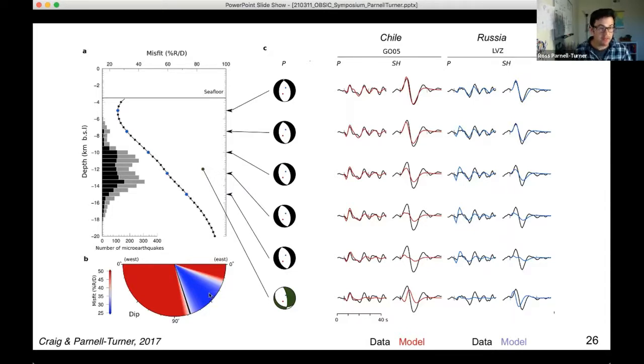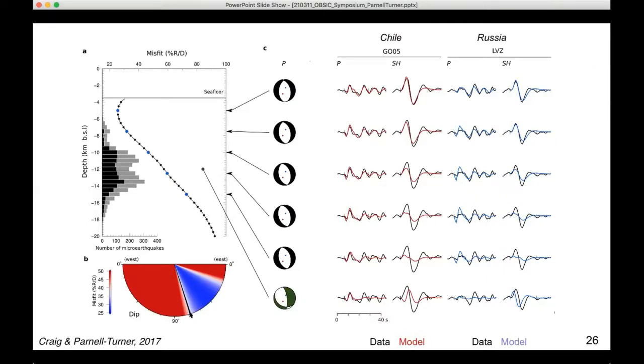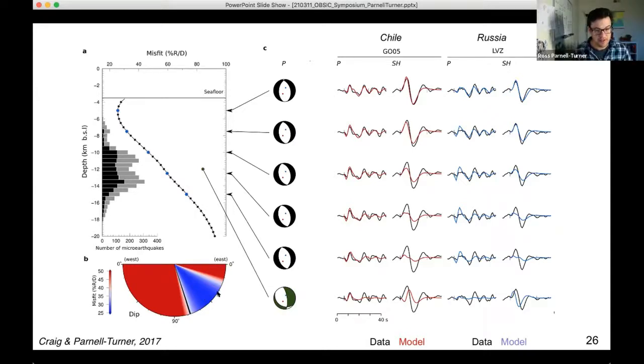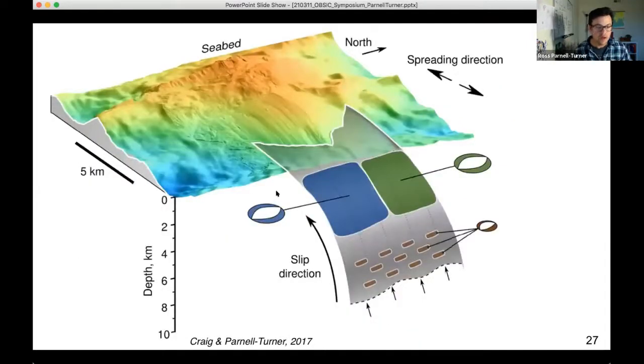If you compare that to the average dip of the focal mechanisms from our microearthquakes, which is shown by this little thin black line here, and which have an average dip of around 70 degrees, there's this considerable difference between the microearthquakes and that 2016 teleseismic event. That led us to this idea that the shallow portion of the fault is more likely to be locked.